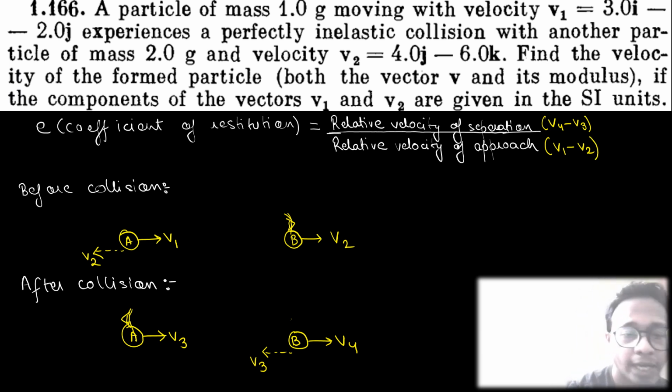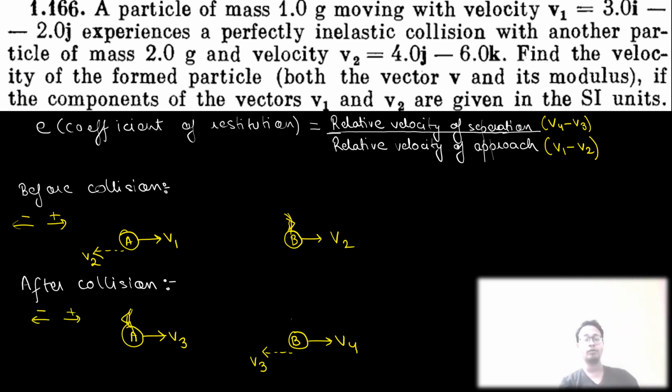How did I see this? This direction is positive, this direction is negative. While dealing with vector quantities, always assign the coordinate system. It doesn't matter the type of vectors, whether 1D, 2D or 3D, the formula for coefficient of restitution will always be the same: velocity of separation divided by velocity of approach.